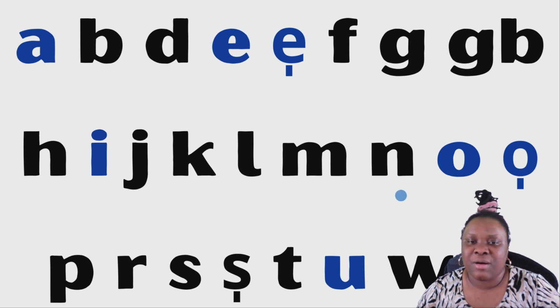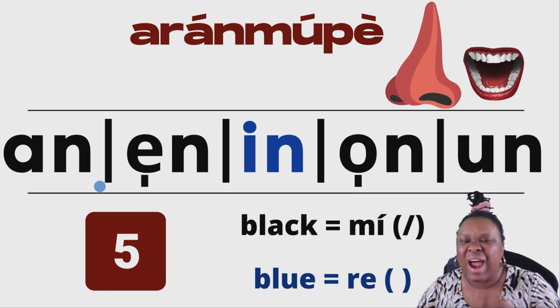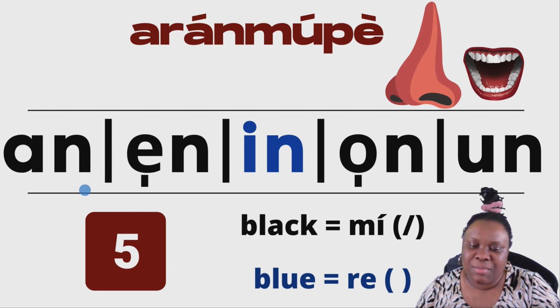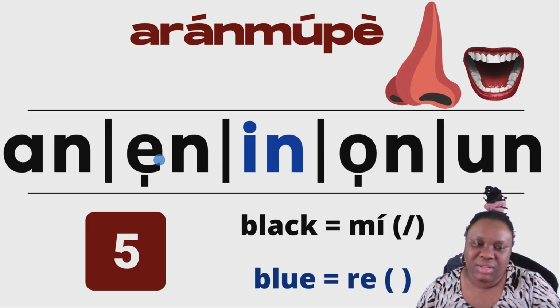But it's with combining n with them that they become àránmúpè vowels. N is just special when it comes to certain things.